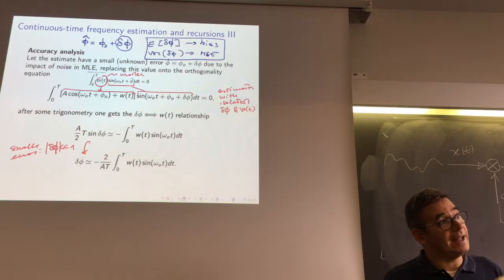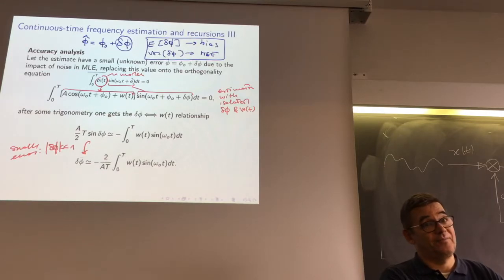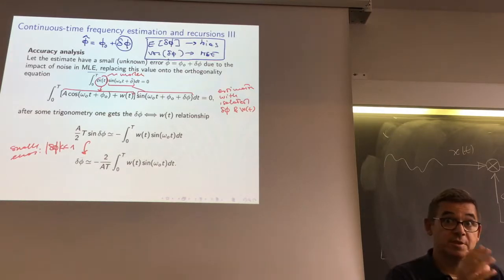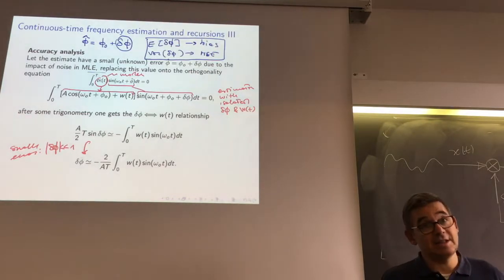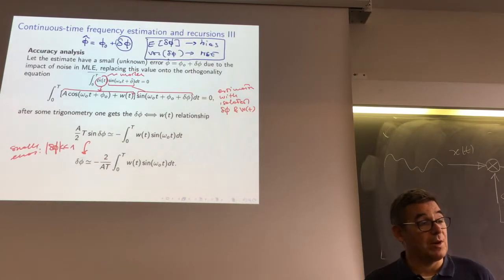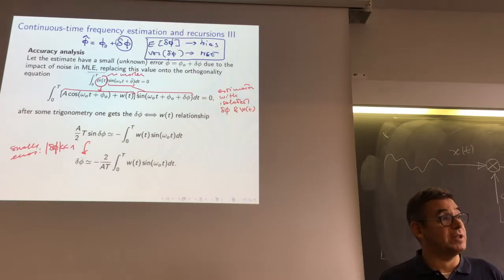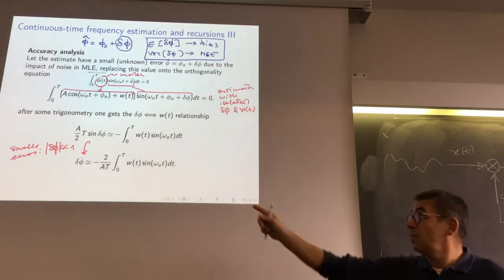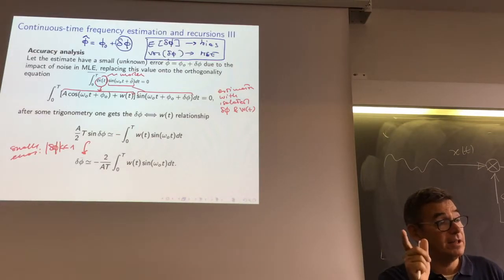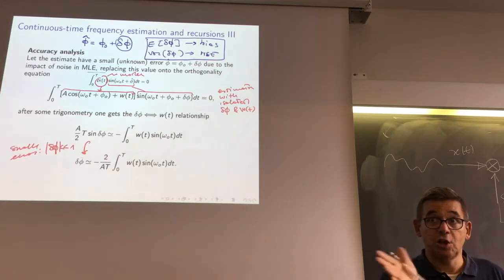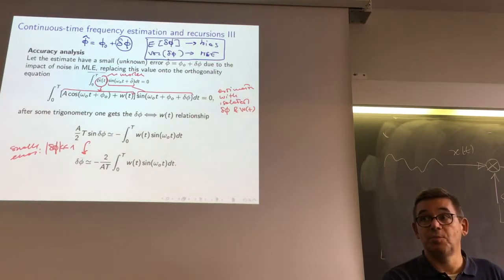So how can I get the bias? My answer? Simulate. You need to simulate. Even in this simple case where you have one sinusoid and you want to evaluate the phenomenon when considering a bigger deviation, so that all the approximations that I made here are not valid, if you cannot do it analytically, you need to simulate.